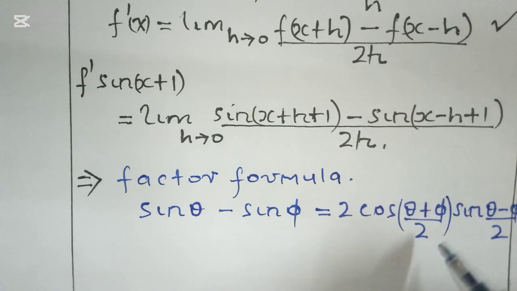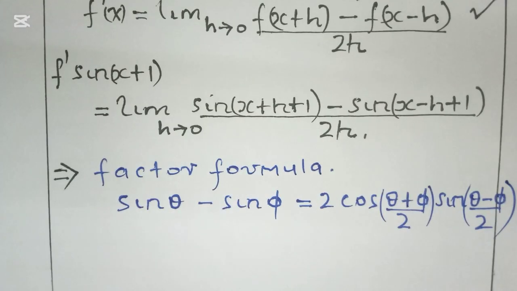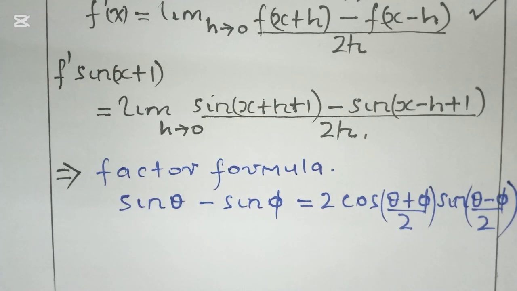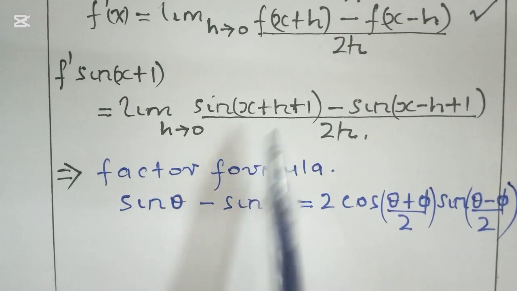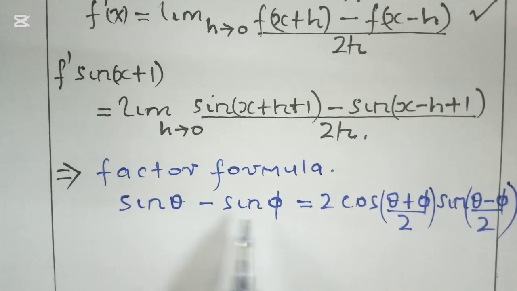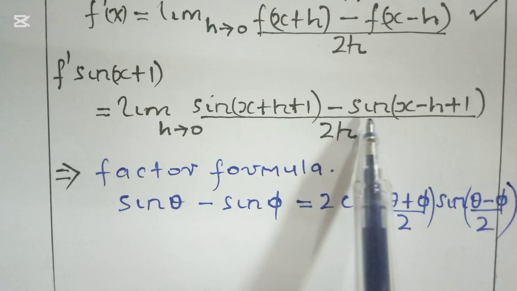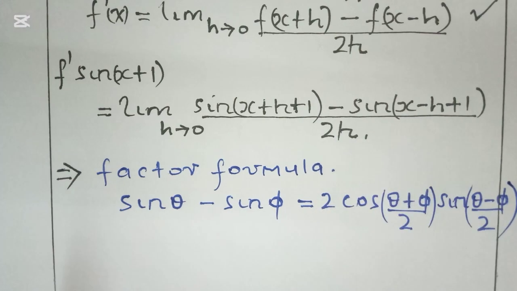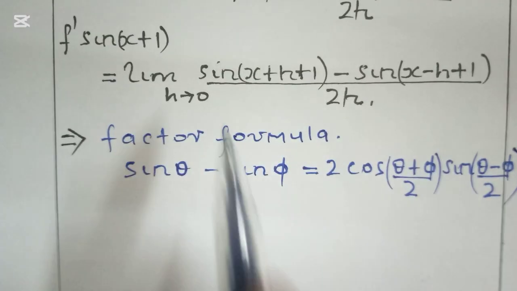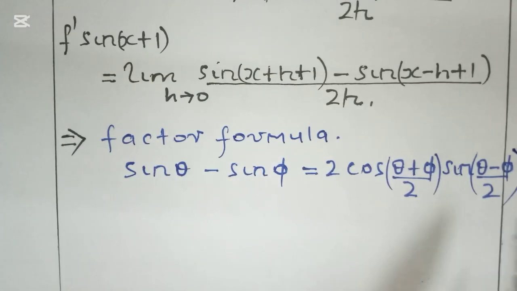So guys, we have that equation. And so therefore, we are going to subject our equation to this, because as you can see, we have sine of a number minus sine of another angle. And so we use this formula to convert this to this format.